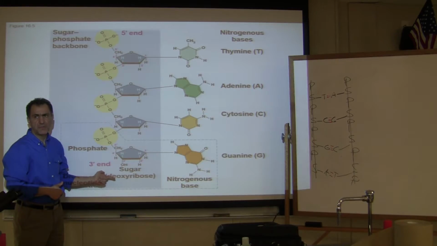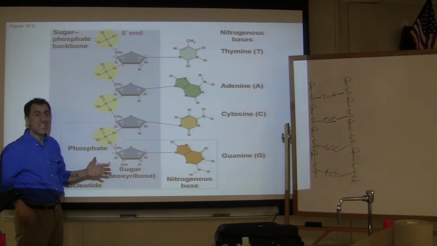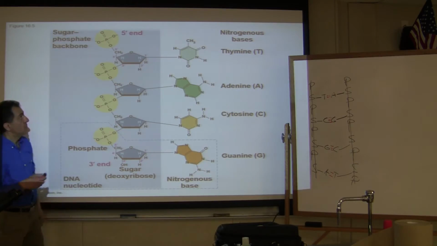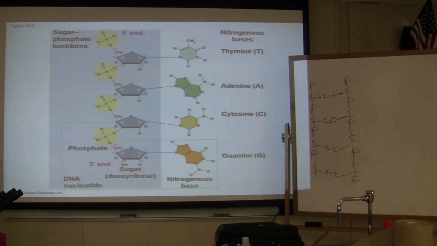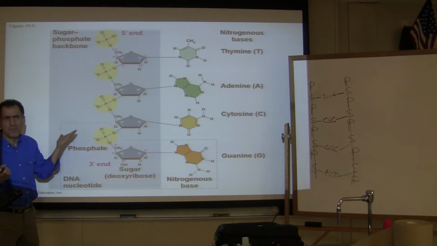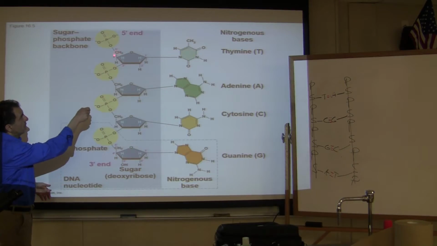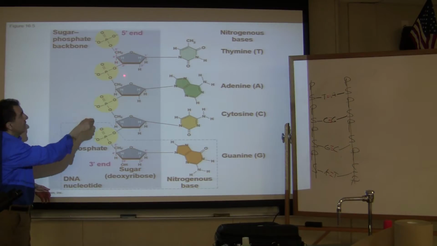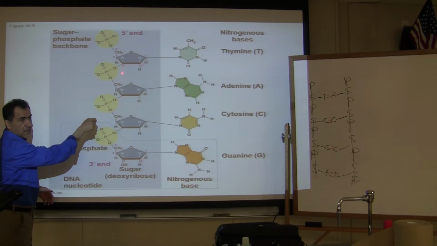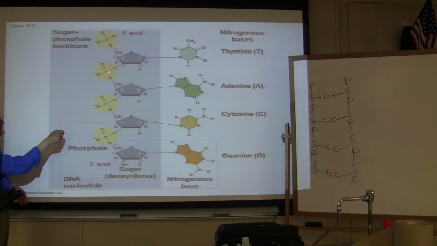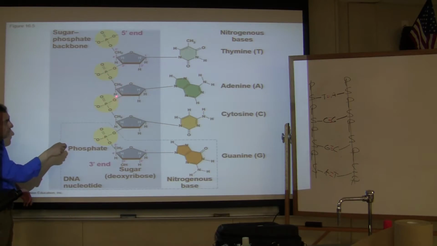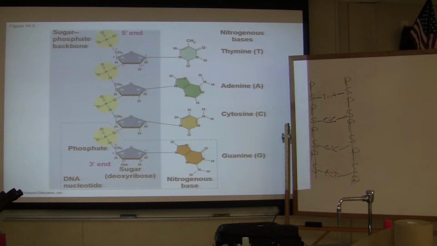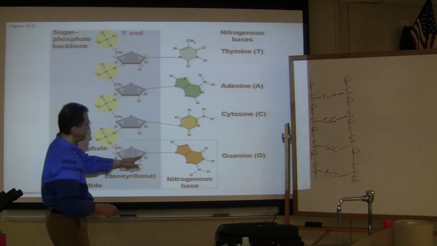The beginning, if you want to think of it that way, is the 5 prime. Amir, where did you get 5 prime? Right here, sugar number 5. Here is sugar number 3. Sugar number 3 attaches the phosphate right here, and then 5 prime, 3 prime, 5 prime. And of course the nitrogenous bases are attached to the 1 prime.